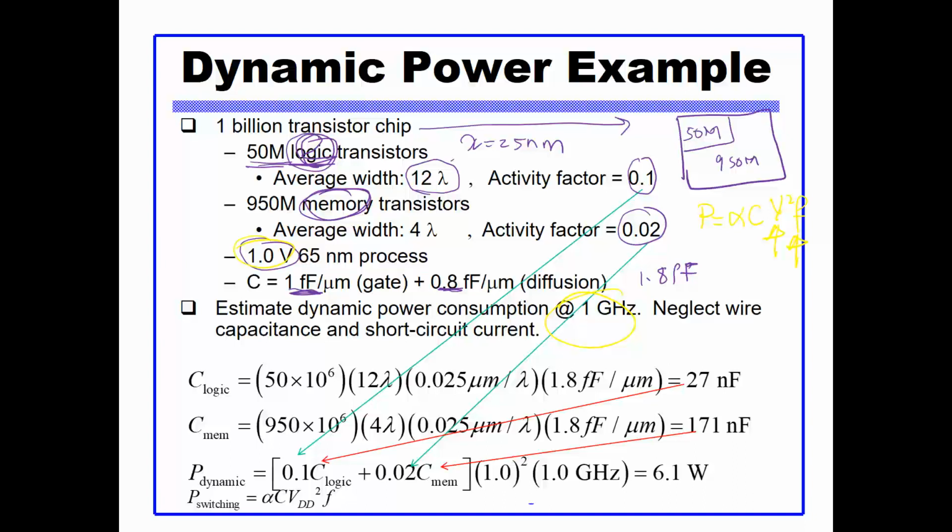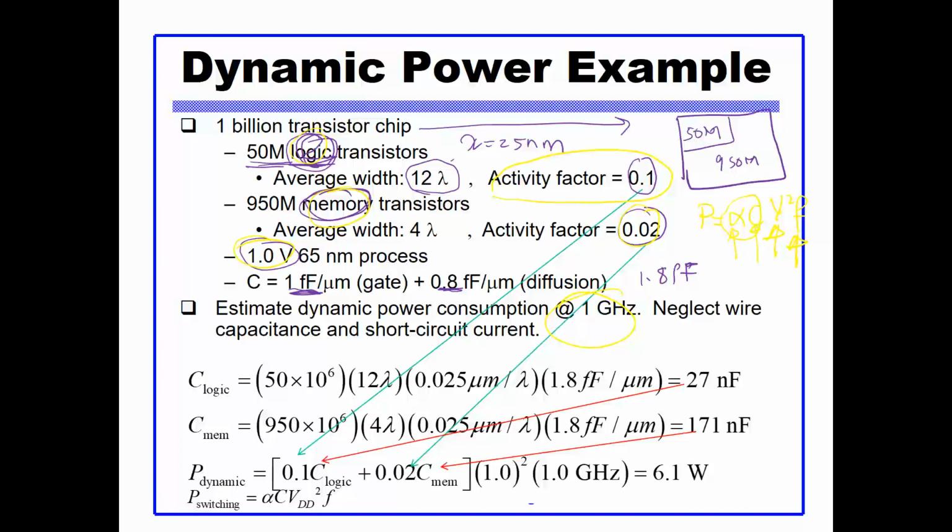The problem is that the activity factor times the capacitance will be a little painful, because I have one specific activity factor for the logic and a specific activity factor for the memory. What I need to do is compute the capacitance for the entire logic and multiply it by its own activity factor, and the capacitance for the memory and multiply it by its own activity factor.